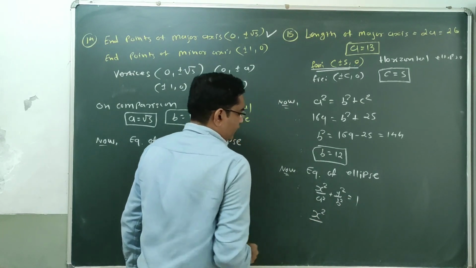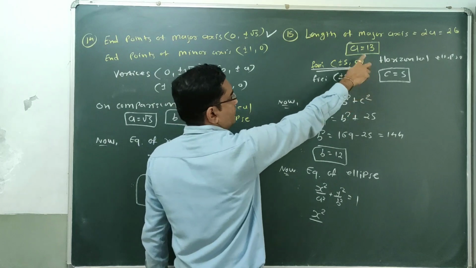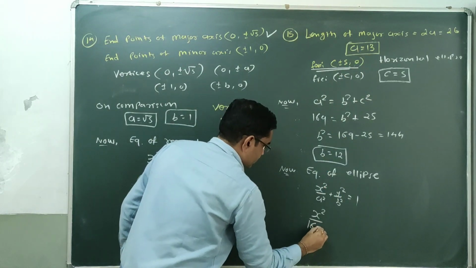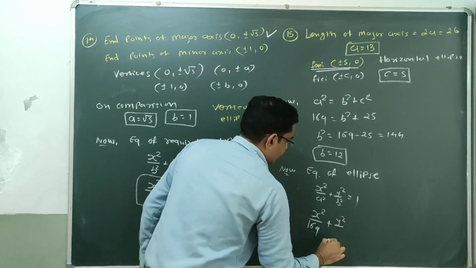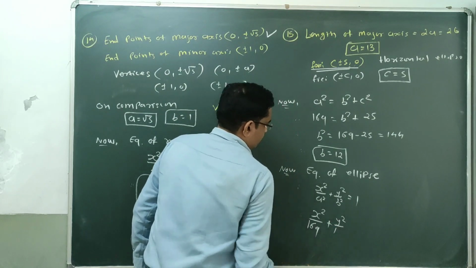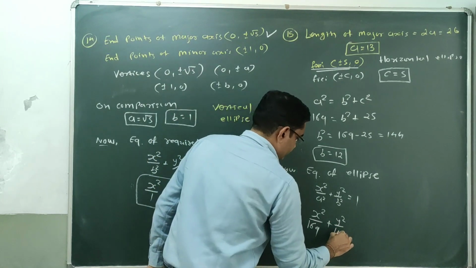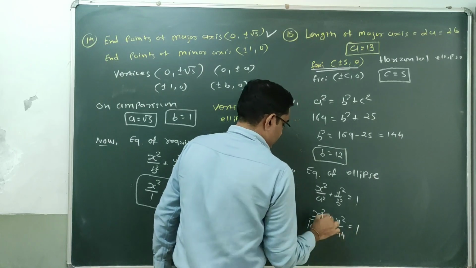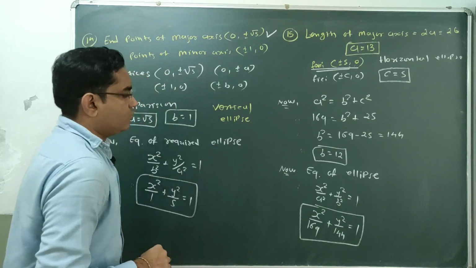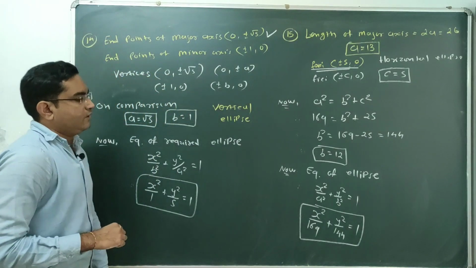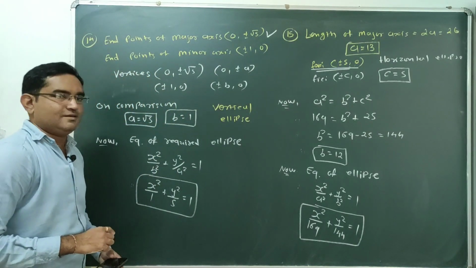So our answer is x square by a square, 13 square, 169, plus y square by b square, 12 square, 144, equal to 1. Done.